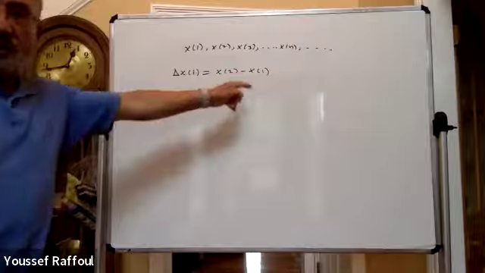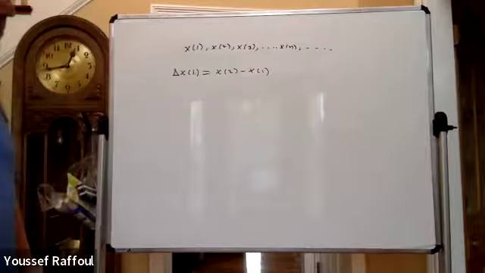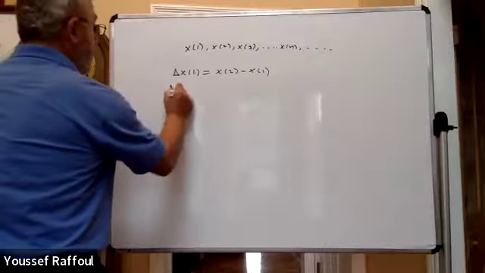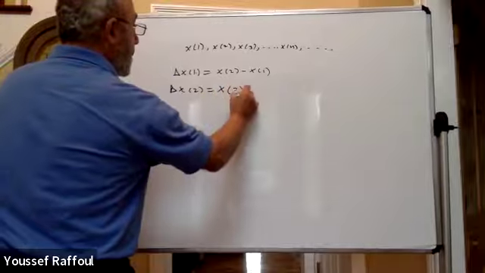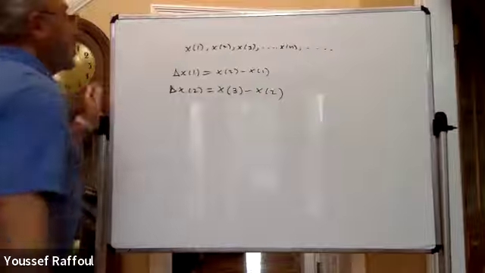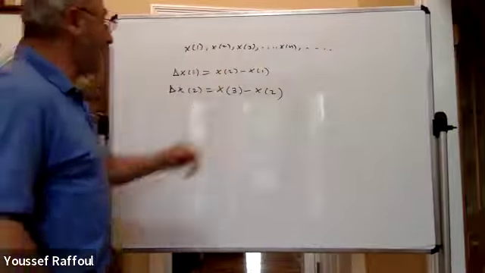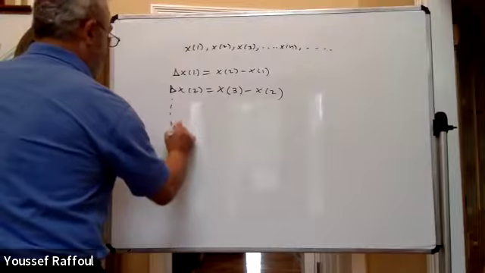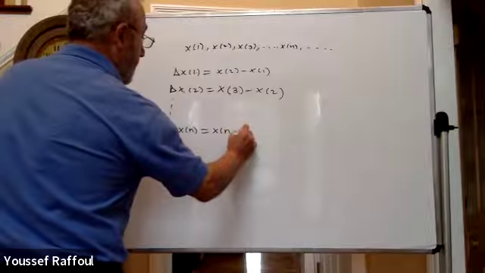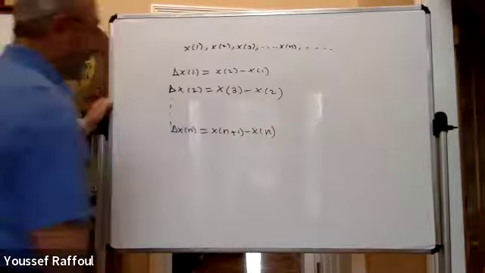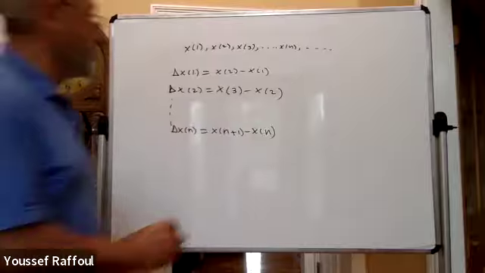So it's the difference between two consecutive numbers. And del x2 is x3 minus x2. So del x1 is x2 minus x1, del x2 is x3 minus x2, and so forth. If you go for del xn, that will be x(n+1) minus xn. So this is the difference between two consecutive numbers.